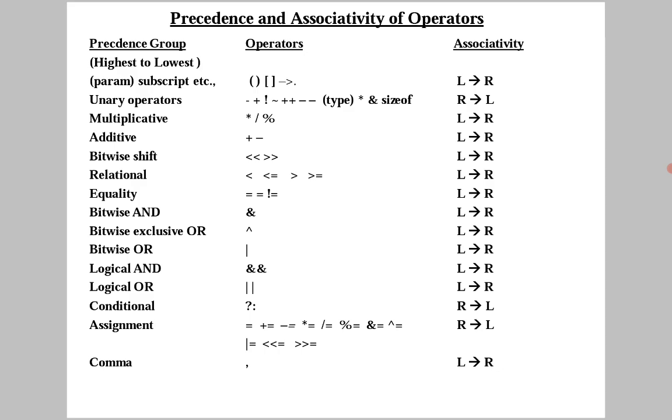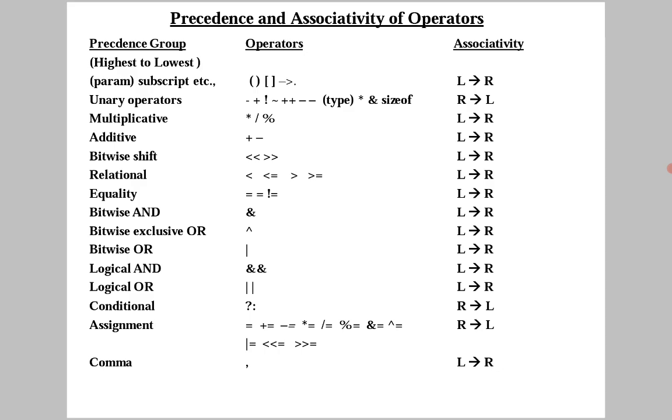In the third preference, multiplicative operators come: star means multiplication, slash means division, percentage means remainder. Fourth is additions and subtractions, the plus and minus symbols. Fifth preference is given to bitwise shift operators, left shift and right shift.